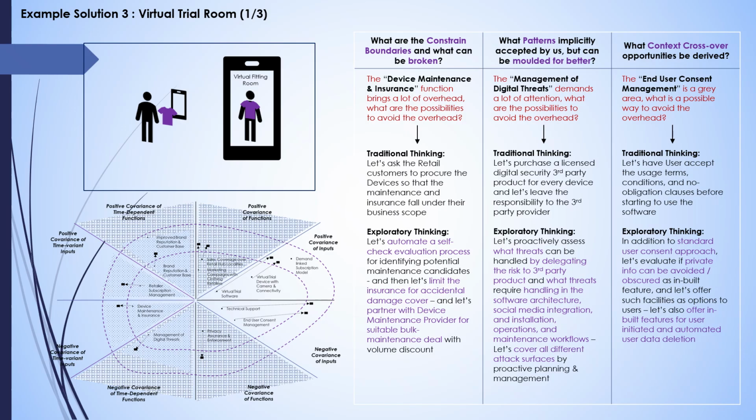What if the virtual trial software offered users the ability to obscure or anonymize personal features as a built-in option, so that even the data captured feels less exposing? What if users could trigger immediate, on-demand deletion of their images and data directly from the interface, without needing to navigate a support process?